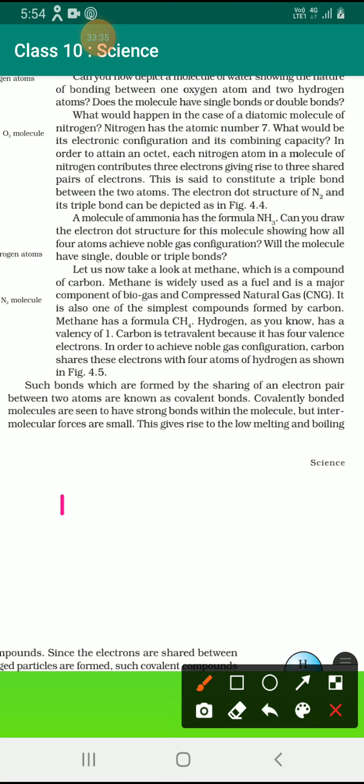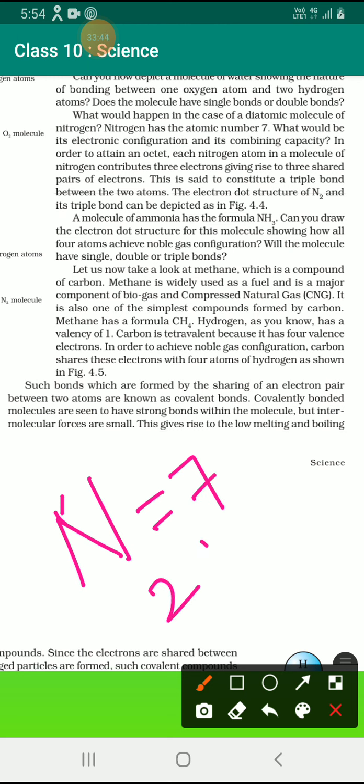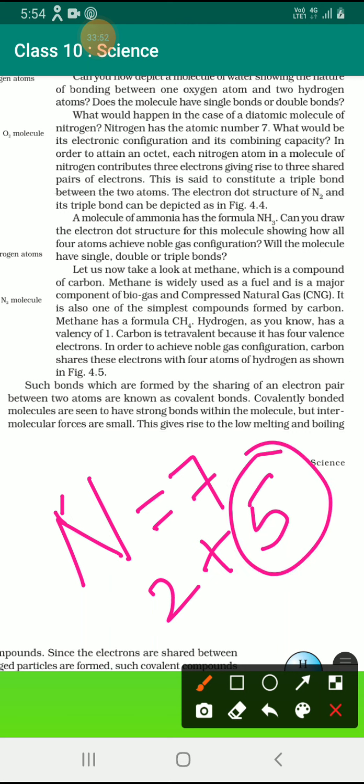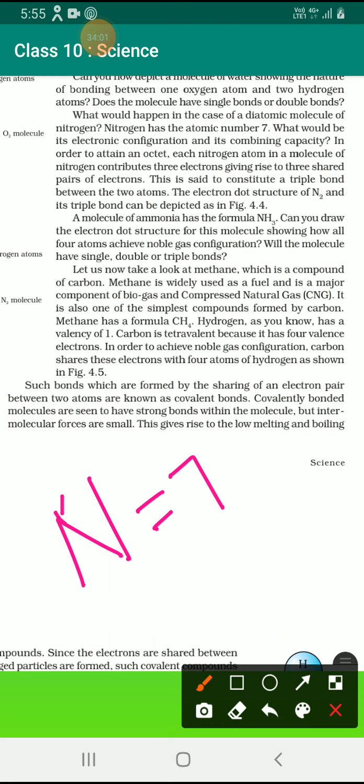N has 7, which means the first shell has 2 and the second shell has 5. So in the outermost shell, how many electrons are present? Kindly see it very carefully so that you can understand it clearly. In the outermost orbit there are 5 electrons. So in order to become an octet arrangement, how many electrons are needed? It needs 3 electrons.